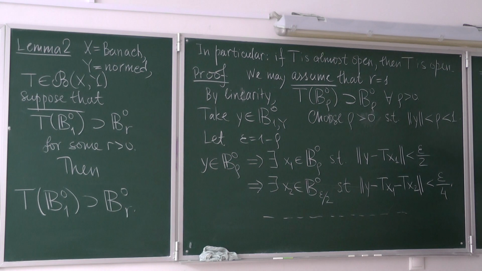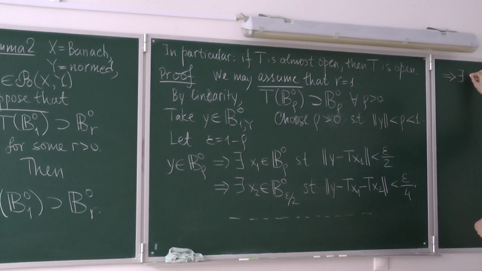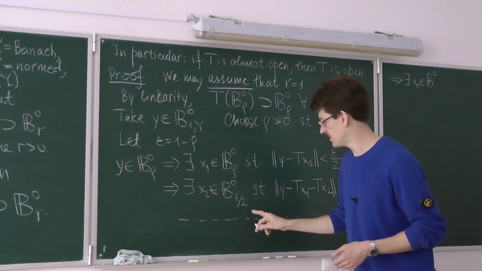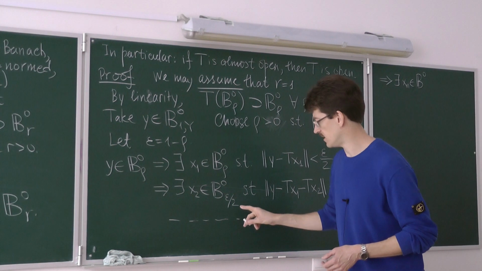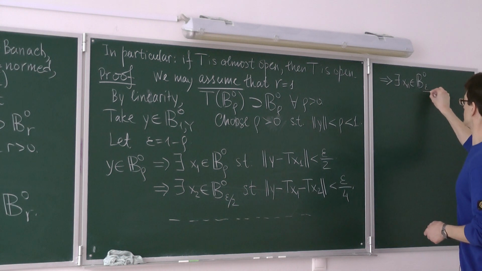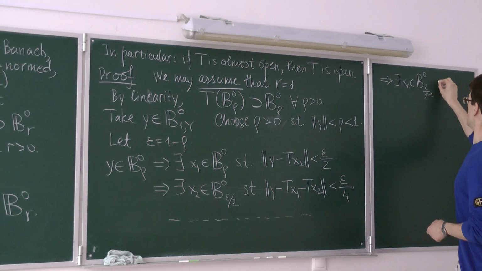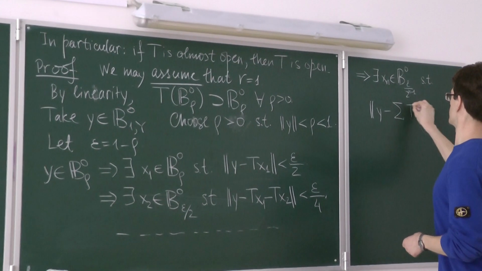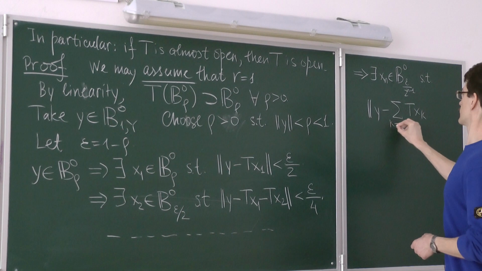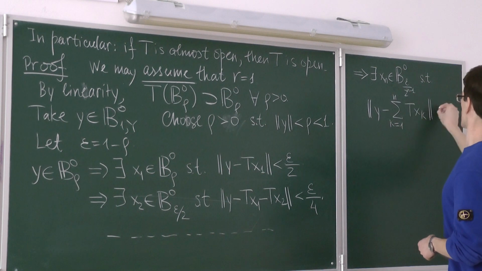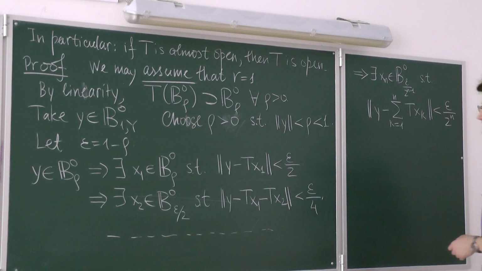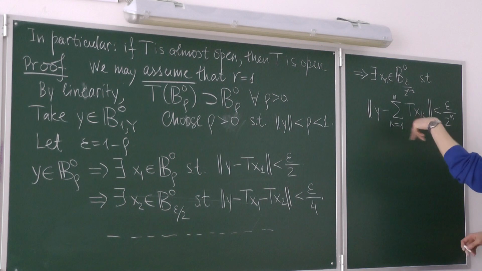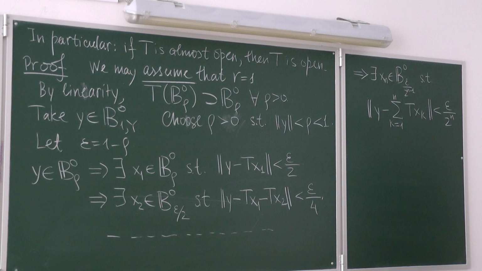So at the nth step, we find a vector xn, which sits in the open ball of radius epsilon over 2 to the power n minus 1, such that we have the following inequality. So the image of this vector approximates y minus the sum from 1 to n minus 1.